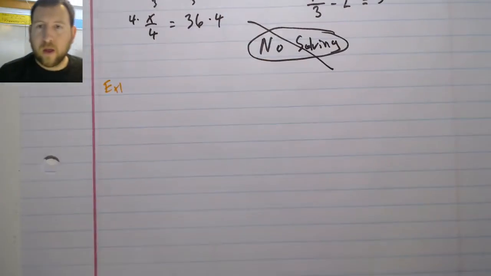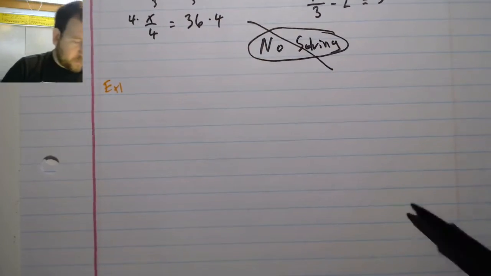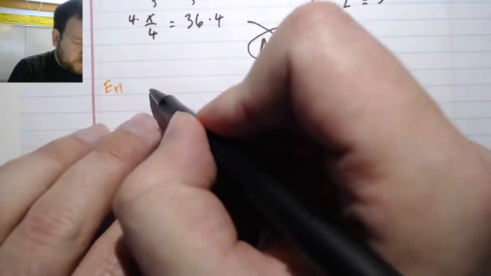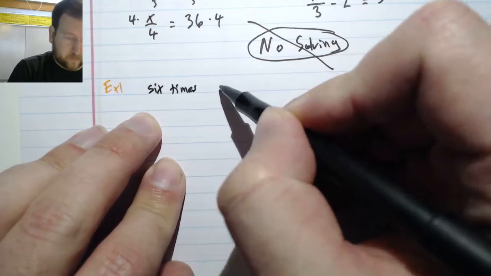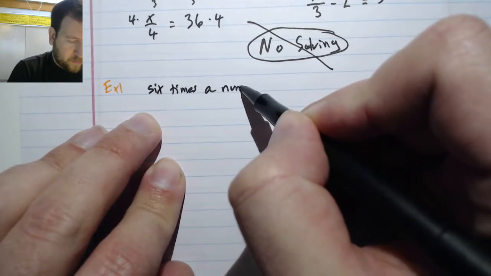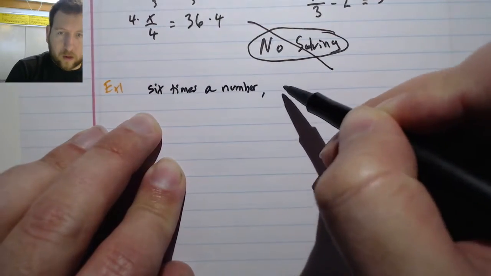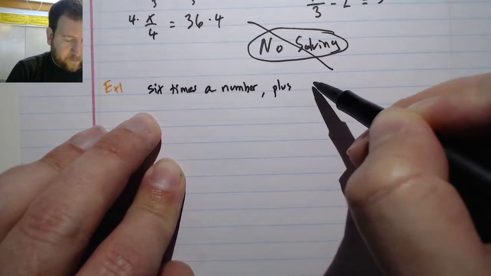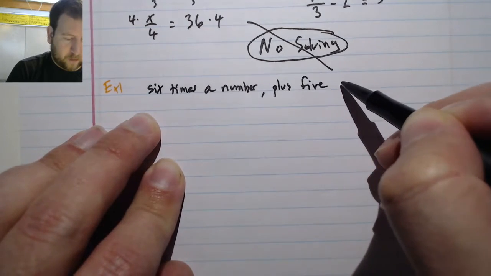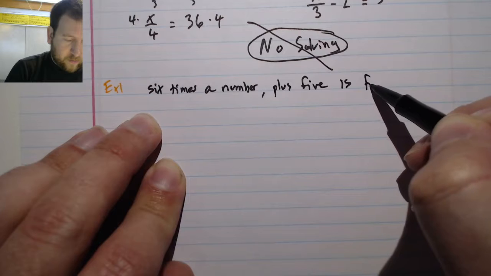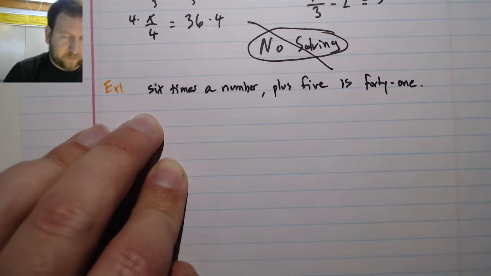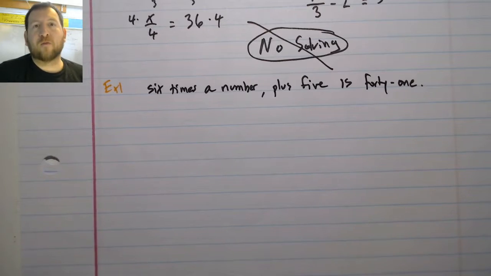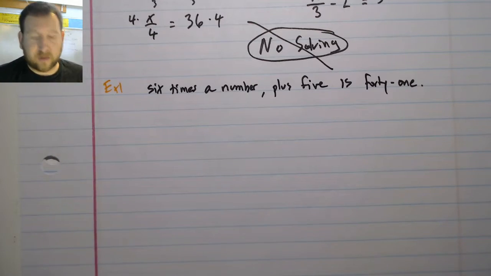Example 1, we would say in words, 6 times a number plus 5 is 41. All right, so we would take this and we're going to write it in the style of a two-step equation.